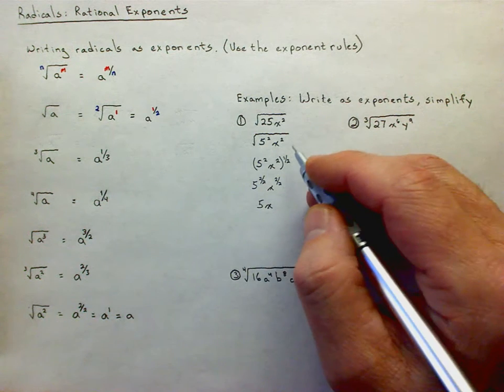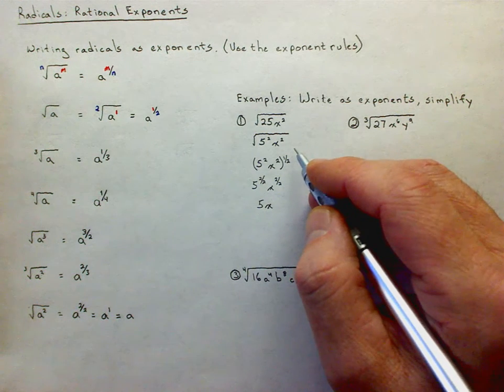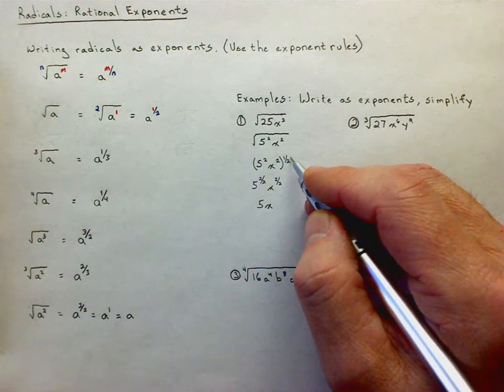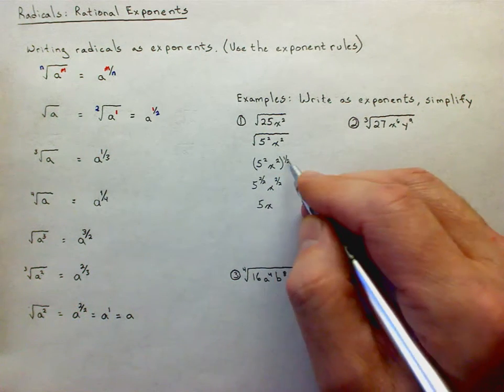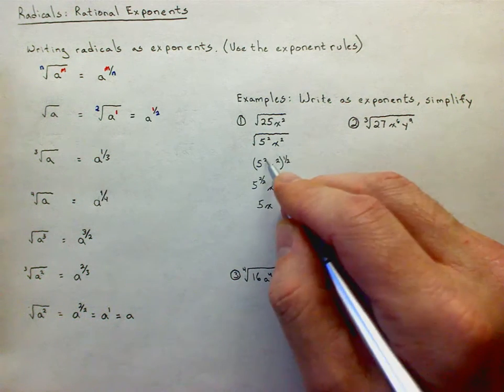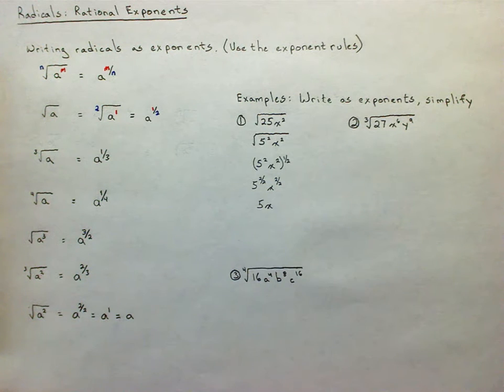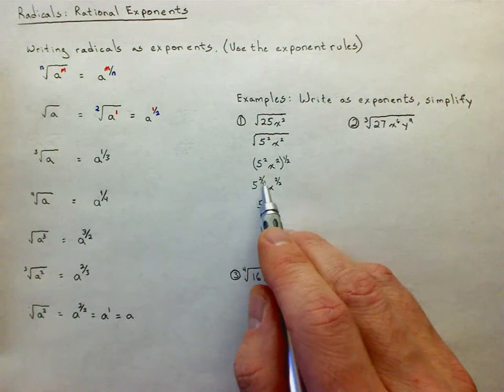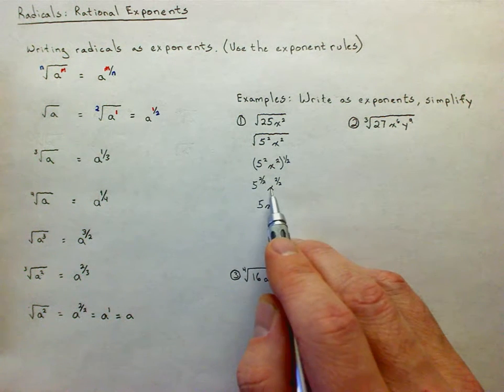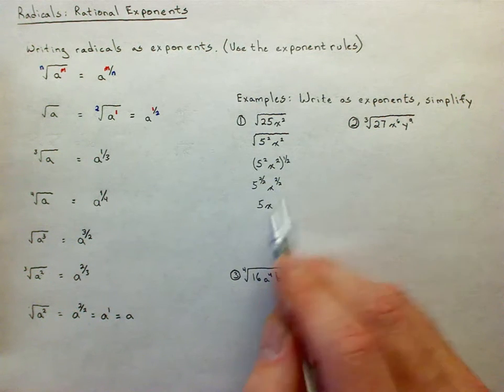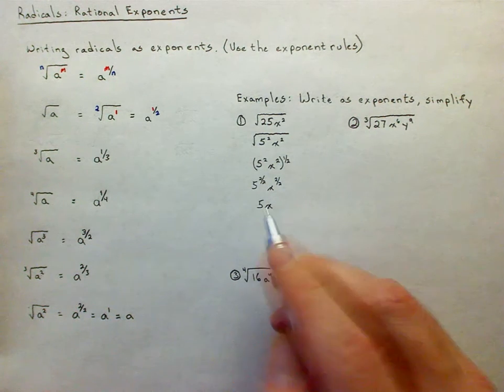Well, your rules for exponents, the power rule, means that I multiply those powers. So 1/2 times 2 and 1/2 times 2. It leaves me with 5 to the 2/2 and x to the 2/2, which simplifies to 5x.